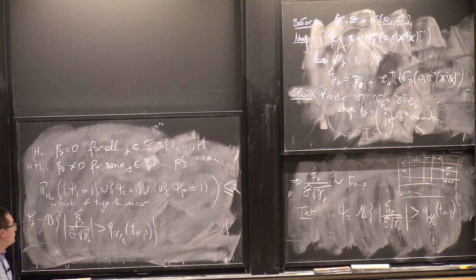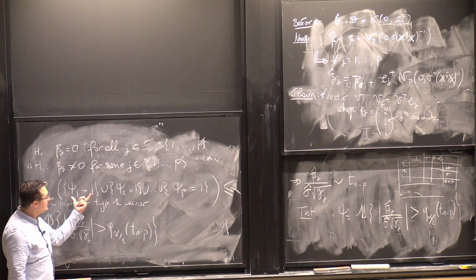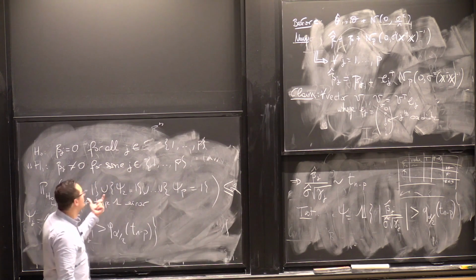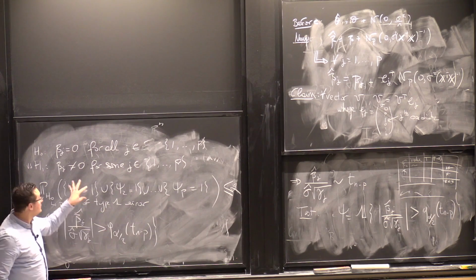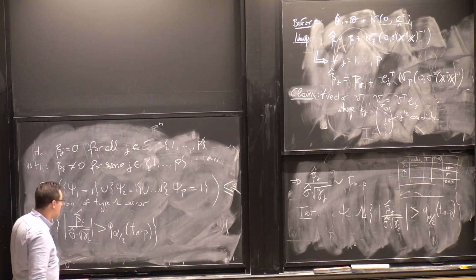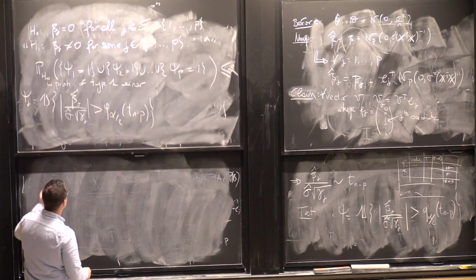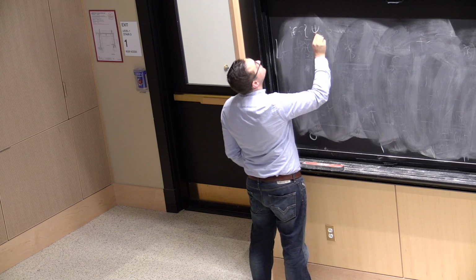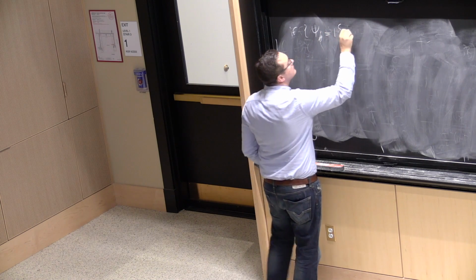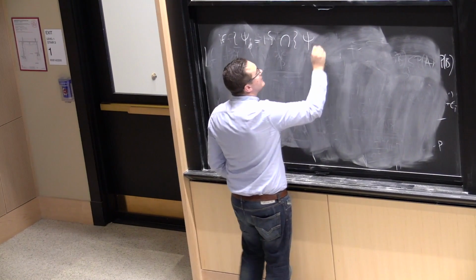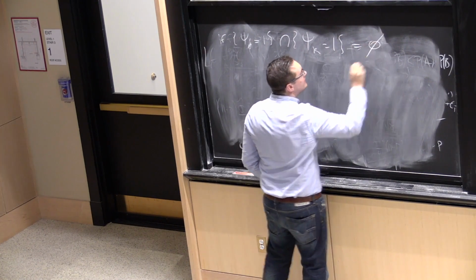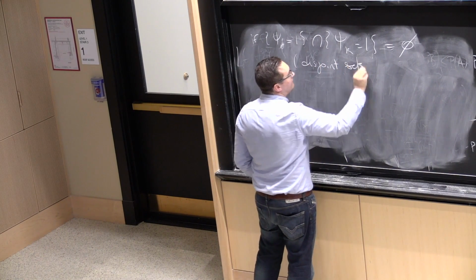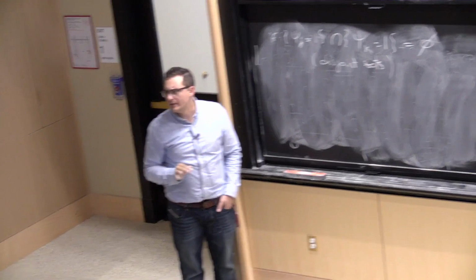Okay? But what I know is to control the probability that this guy is less than alpha, that this guy is less than alpha, that this guy is less than alpha. In particular, if all these guys are disjoint, then this could really be the sum of all these probabilities. So in the worst case, if psi j equal 1 intersected with psi k equals 1 is the empty set, that means those are called disjoint sets. You've seen this terminology in probability, right?